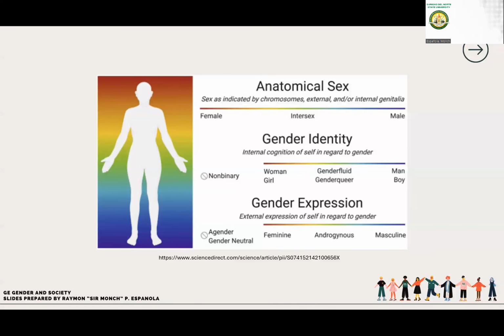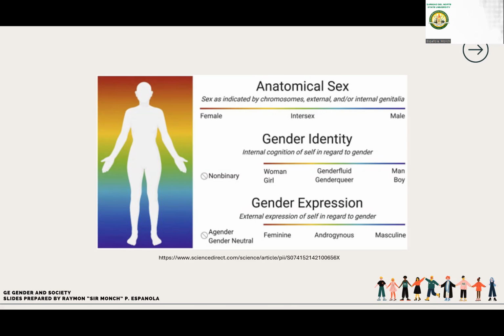Here's another infographic I found online, and idyo makita dire similar rendering of the concepts of anatomical sex na pagka male, intersex and female, and then gender identity. So take note, 'di ba?